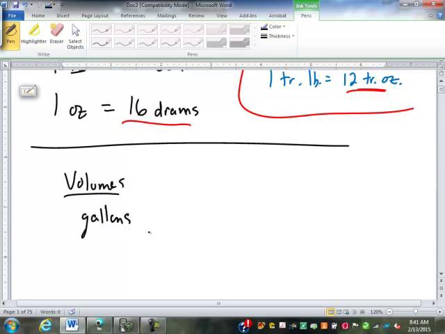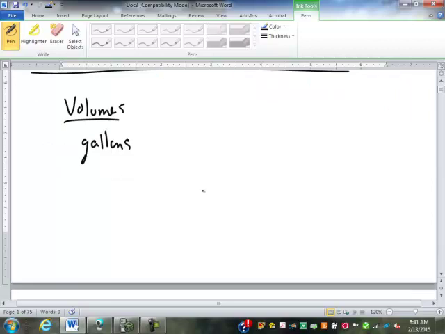A gallon was actually a pretty standard container that they had, about 1 gallon of water or 1 gallon of fluid. Actually, there was a certain hat that was always about 1 gallon as well. That's where they come up with the 5-gallon hats and stuff like that. They were bigger hats. But anyway, smaller than a gallon.